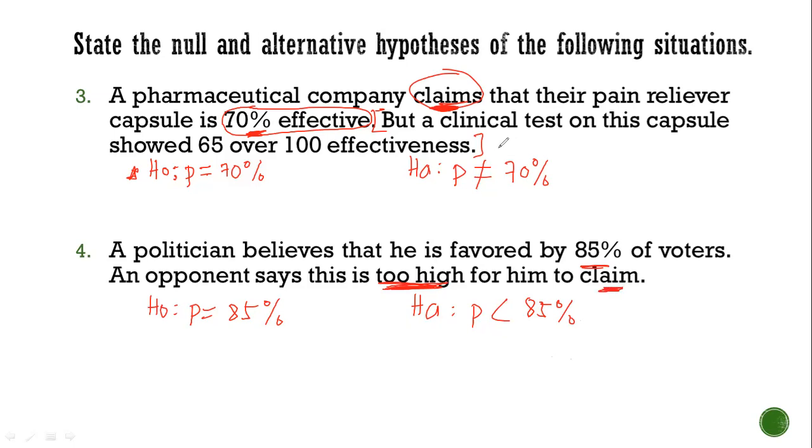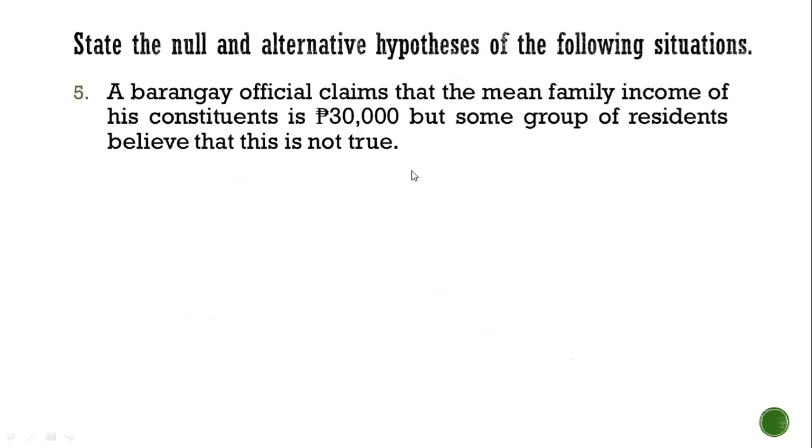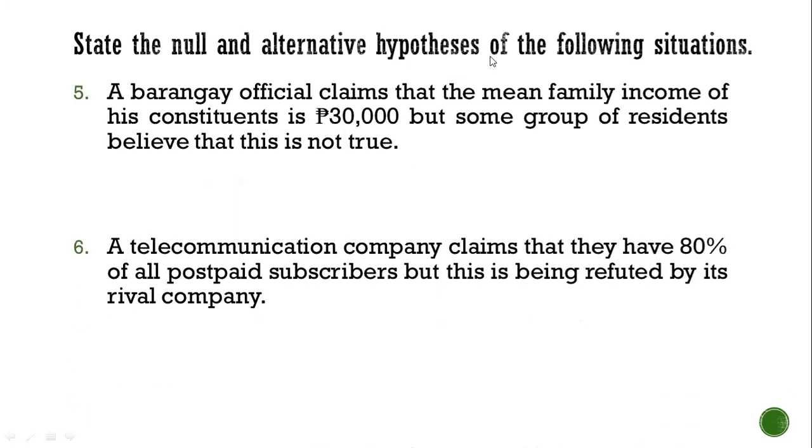Unlike your number 3, wala siyang binabanggit tungkol sa claim. Right? So that's number 3, and then your number 4. Next set of questions. I will clear the drawings na, ha? Doon tayo sa number 5 and number 6.